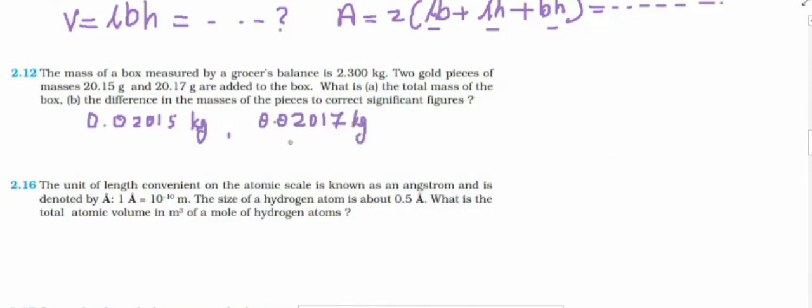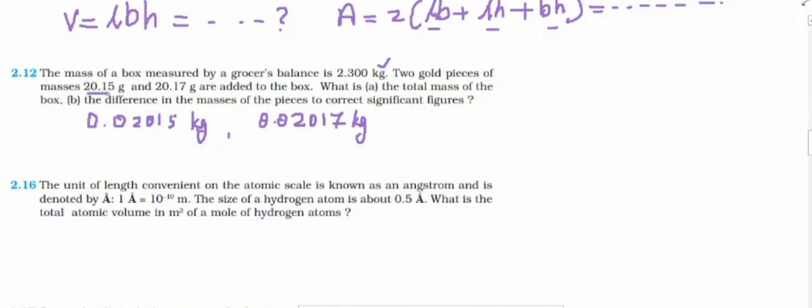Then you have to add these two quantities with 2.300 kilogram. Then you know that the final result should retain, it is an addition, the least number of decimal places in the numbers which you have added. Follow that rule. And the difference in masses of the two pieces, to correct significant figures.